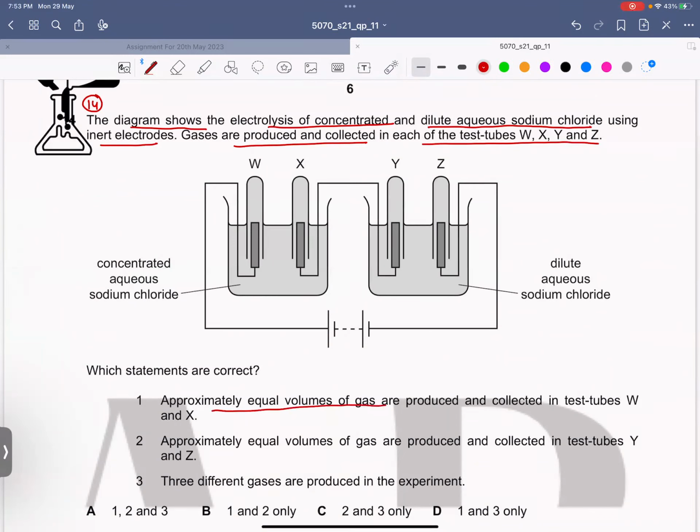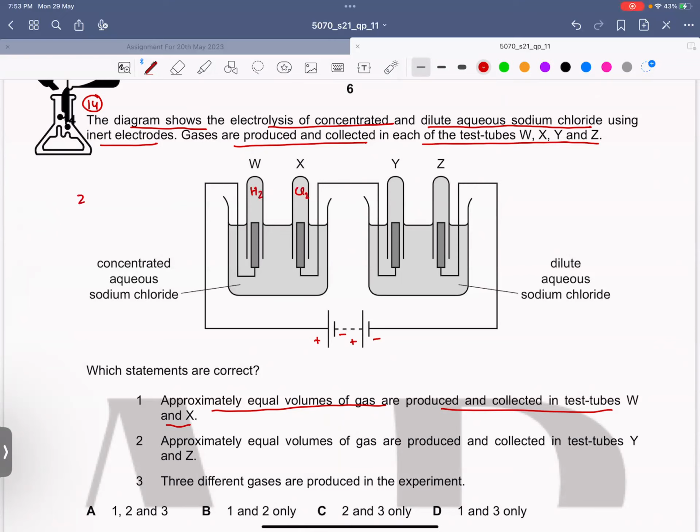Approximately equal volumes of gas are produced and collected in test tubes W and X. There is aqueous sodium chloride, so this one is the positive and this one is the negative, right? Here hydrogen is being collected and here chlorine is being collected.